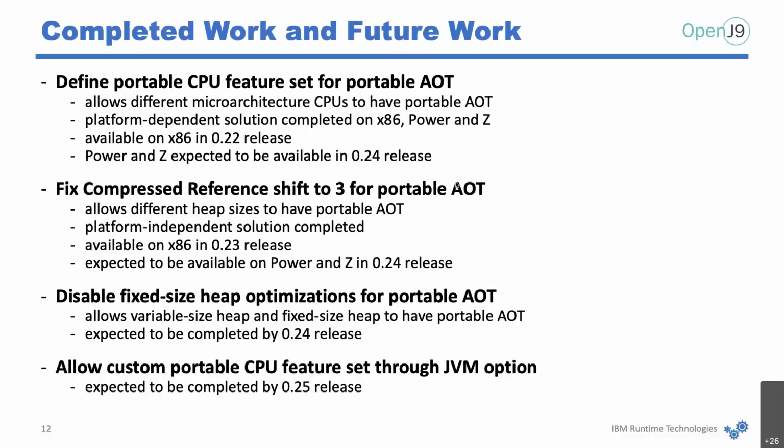On Power and Z, the work has been completed and will be available in the next release. The work on fixing the compressed reference shift to 3, which allows different heap sizes to have portable AOT, is completed and will be available in the upcoming release.